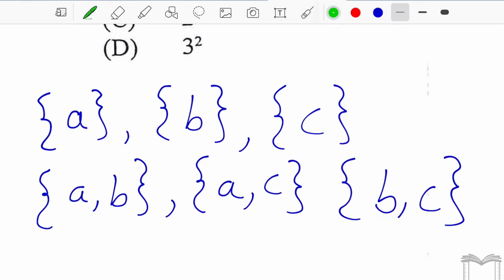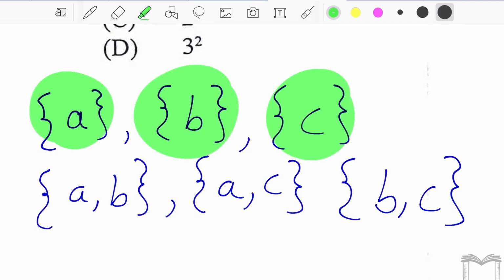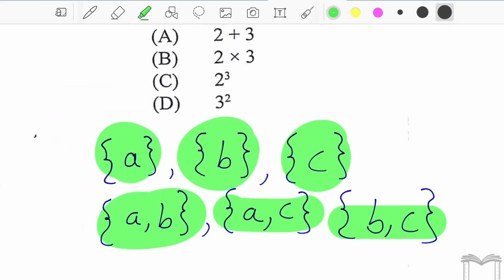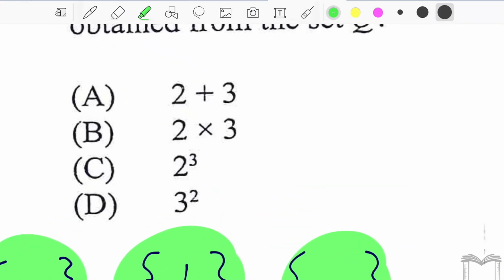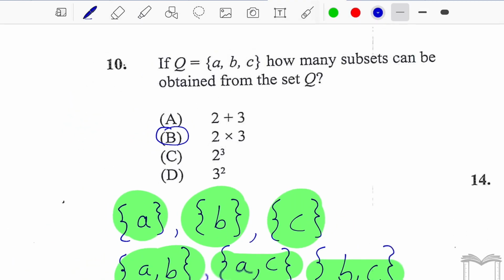That's 1, 2, 3, 4, 5, 6 sets, or 6 subsets. Right, so 6 is 2 times 3, so that would be B.